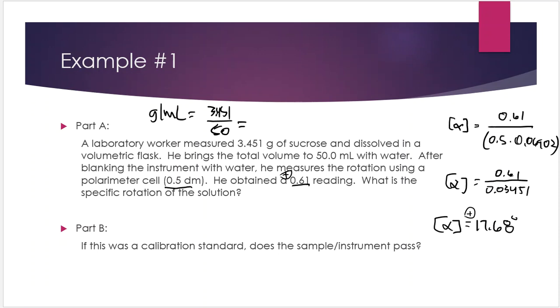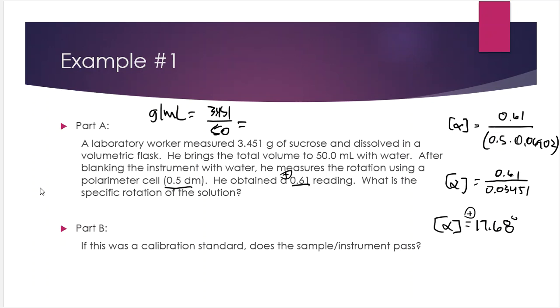If it was left-handed rotation, then it would have a negative in front, but this is a right-handed rotation, so very often they just don't put the plus, or it's just assumed to be there. Part B says, if this was a calibration standard, does the sample pass or the instrument pass? We need to talk a little bit about calibration standards here, and we're going to come back to this example problem and finish that when we do.